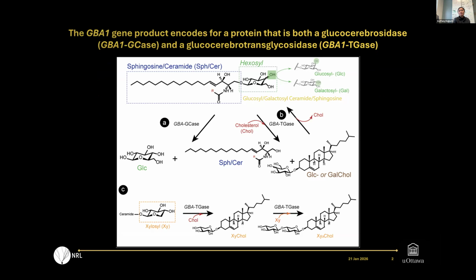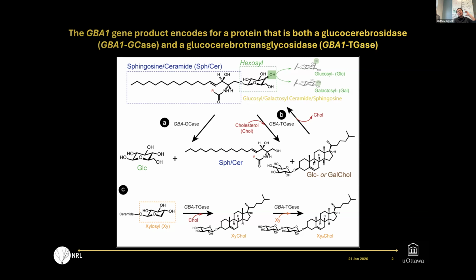It can function both as a glucocerebrosidase or GCase and also as a glucocerebrotransglycosidase or TGase. The primary function of GBA1 enzyme as a glucocerebrosidase is well known to everyone, where the enzyme removes a sugar from glucosylsphingosine or glucosylceramide to give back a glucose and a sphingosine or ceramide.